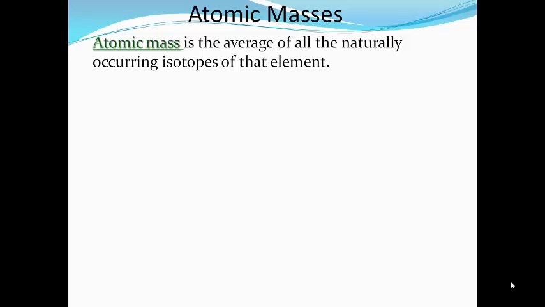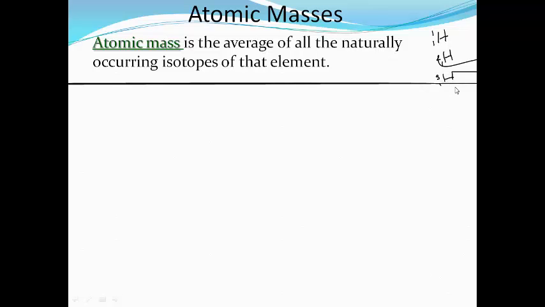Atomic mass is the average of all of the naturally occurring isotopes of that particular element. Remember, in our last podcast, we said that there were 3 isotopes of hydrogen: hydrogen 1, hydrogen 2, and hydrogen 3.